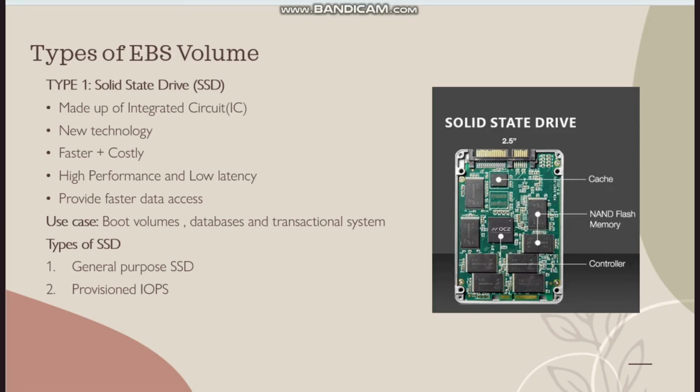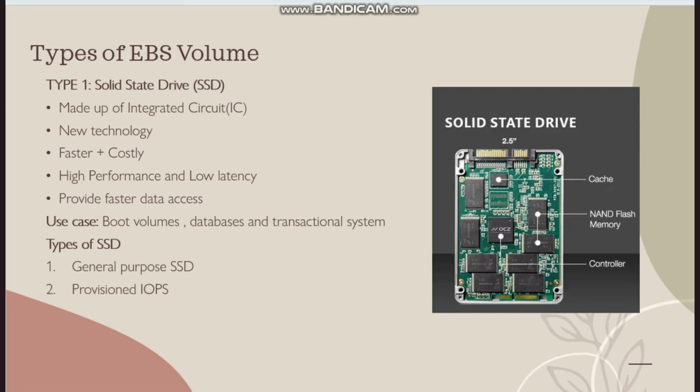In AWS, if we launch an instance, the first hard disk will be a boot volume, and it will be an SSD EBS volume type, because the boot volume is the EBS volume that contains the operating system, so it helps to restart the system very quickly.